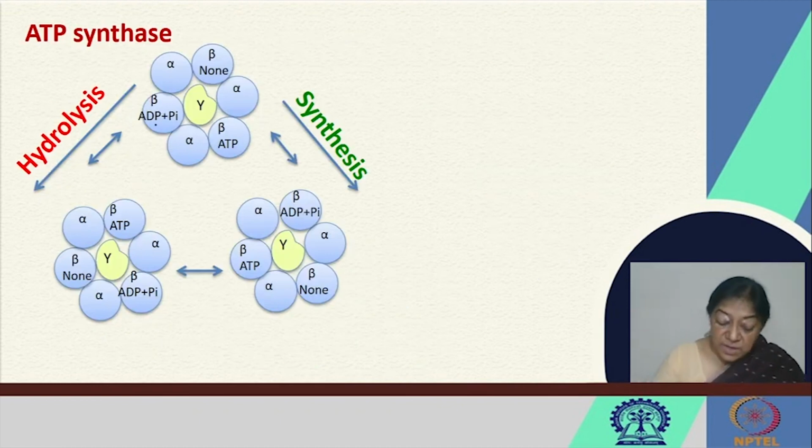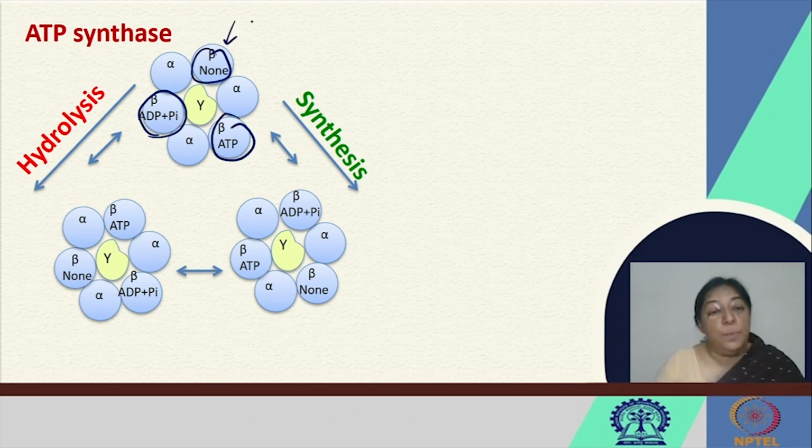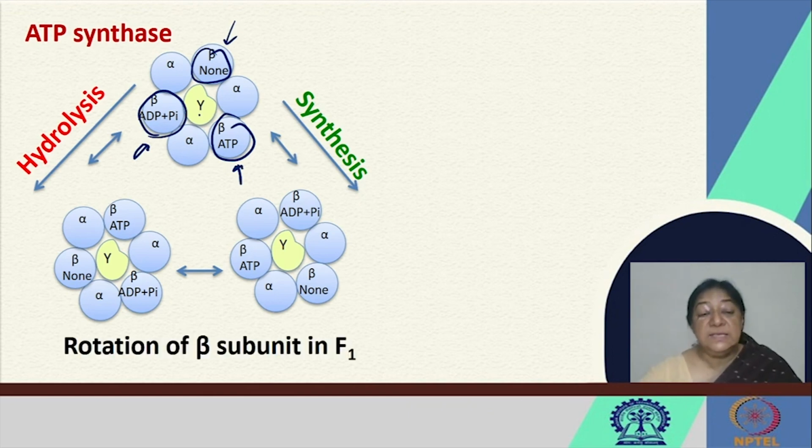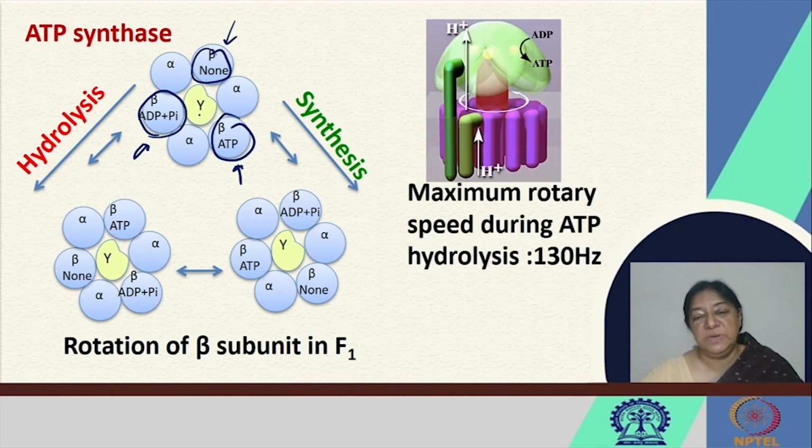So here is our beta subunit, which is either in the open state, the tight state, or the loose state, and we have the gamma shaft. Now the rotation of this gamma shaft can lead to hydrolysis or synthesis, and this is very important for the rotation of the beta subunit in F1 in bringing about the specific synthesis or hydrolysis of ATP.